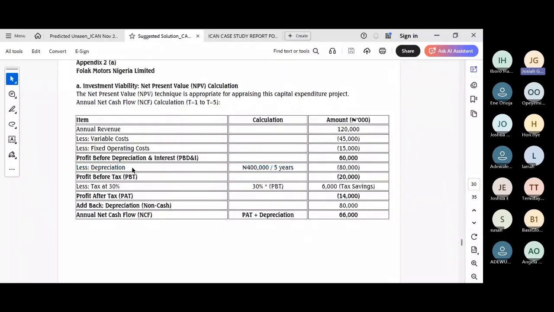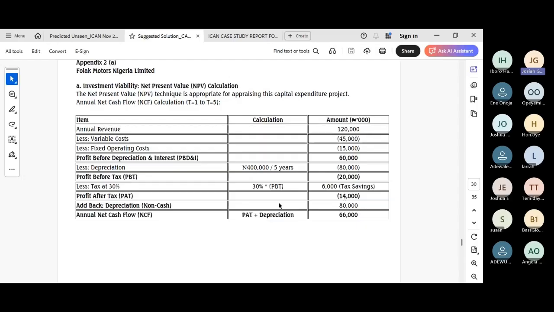And when we come up with depreciation for 5 years on that 400 million, we have 80 million for depreciation. We have a negative PBT of 20. And we have the tax rate of 30%. We have profit after tax of 14. Then we need to add back depreciation. Don't forget, it's a non-cash movement, of 80 again, to have our positive cash flow of 66 million.